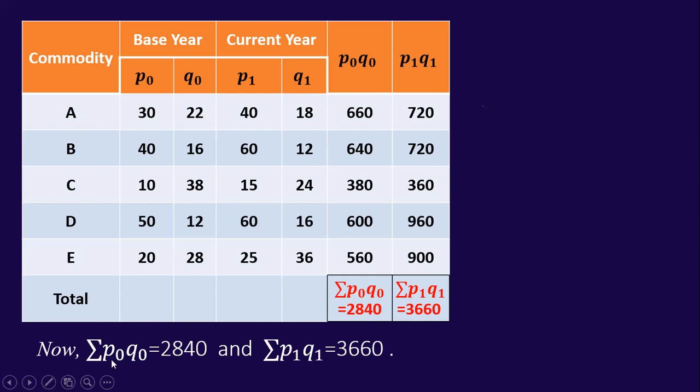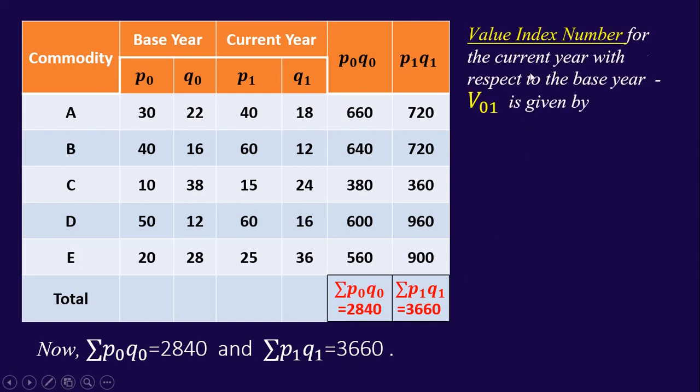Now summation P0 Q0 is 2840 and summation P1 Q1 is 3660. We use these two values obtained from this table in the formula. Value index number for the current year with respect to the base year, V01, is given by V01 is equal to summation P1 Q1 upon summation P0 Q0 into 100.